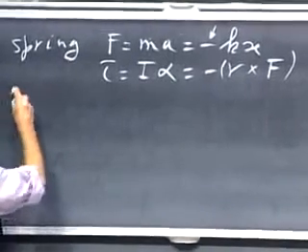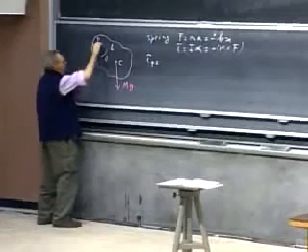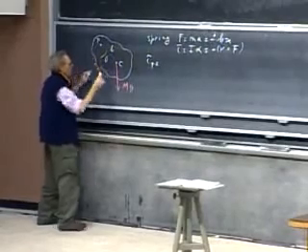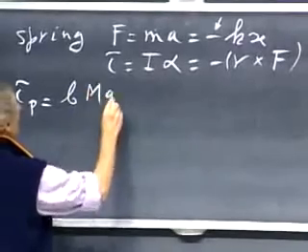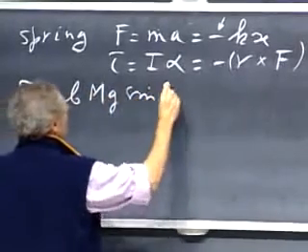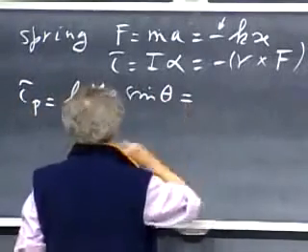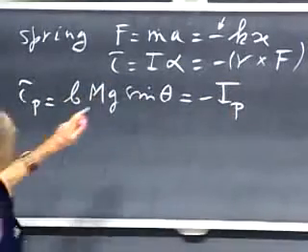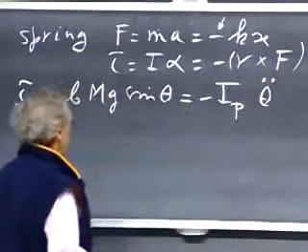So if I take the torque relative to point P, then this is the position vector which has magnitude b, the force is mg, and I have to multiply by the sine of theta. So I have b times mg times the sine of theta, and that now equals minus the moment of inertia about point P times alpha, and alpha is the angular acceleration, which is theta double dot.